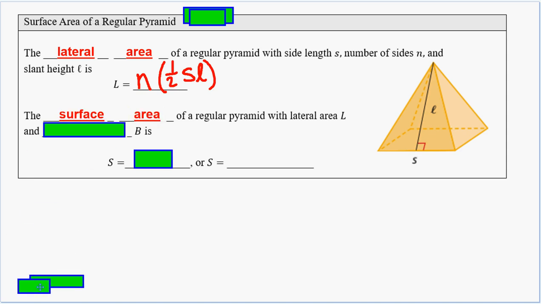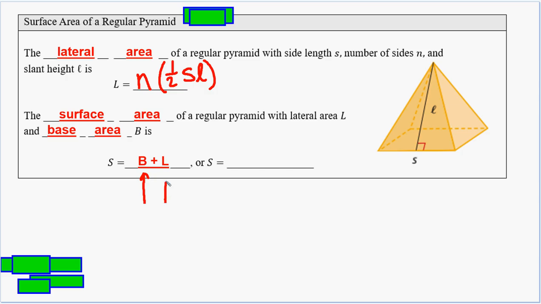The surface area of a regular pyramid with lateral area L and base area B. Now they're calling the lateral area total L, so we could write it as B plus L. B is just the area of the base. L is the lateral surface area, or we could turn this back into a formula similar to what we had before.